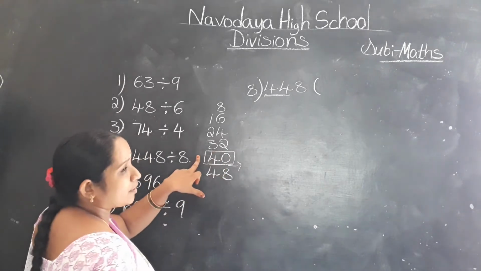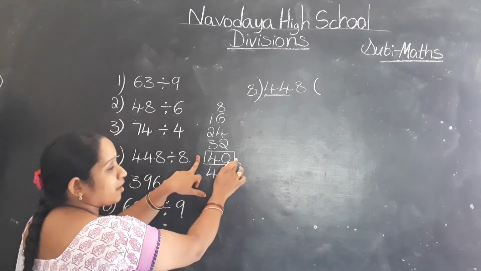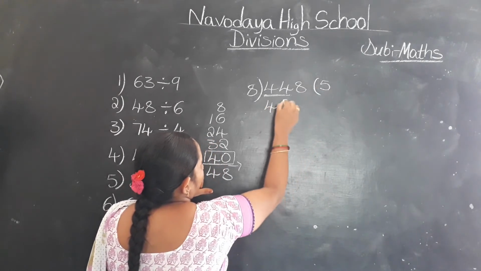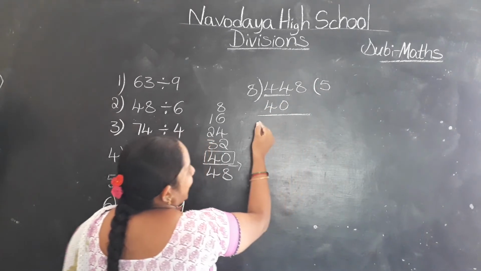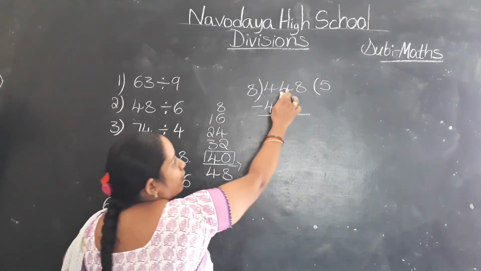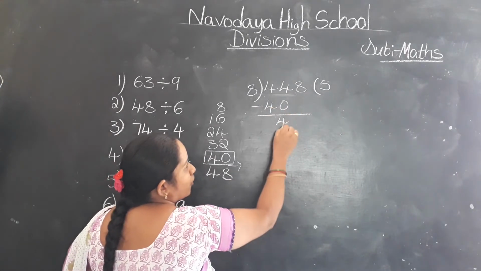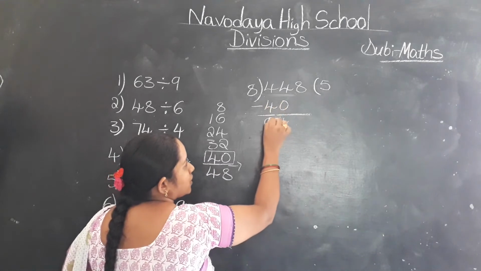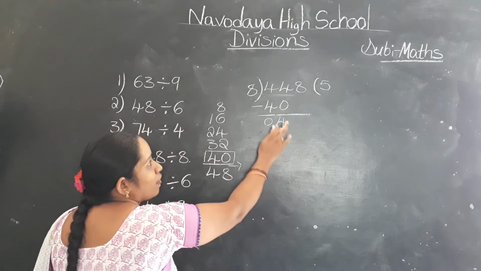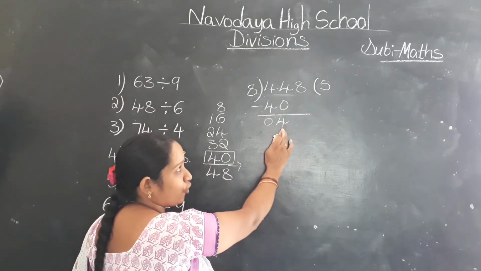Lesser number we have to choose. So how many times? 5 times. 8 fives are 40. Do subtraction. 44 minus 40. 4 minus 0, 4. 4 minus 4, 0. Left side 0, no value. So here 44 minus 40 means 4 only.